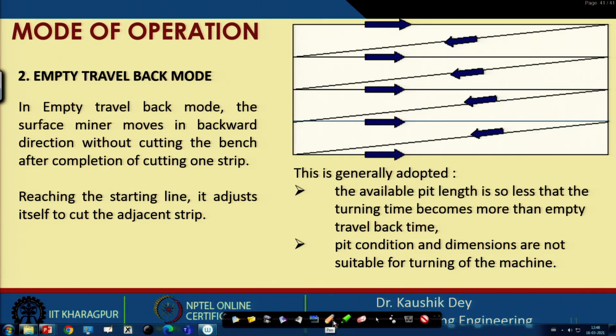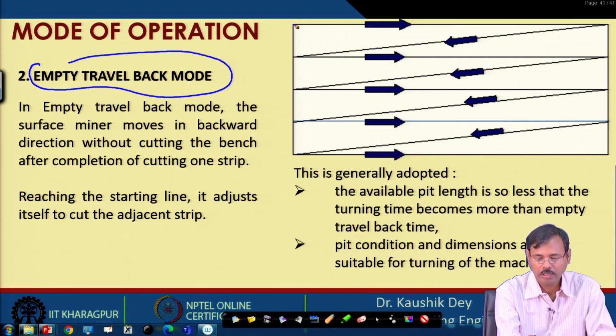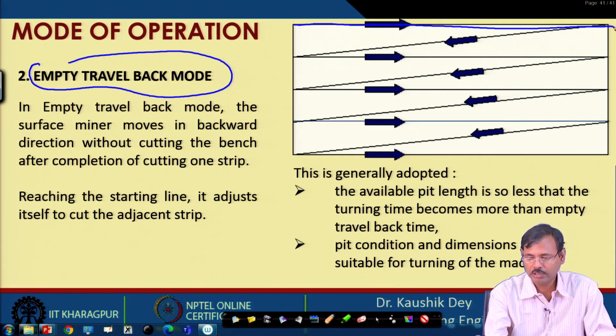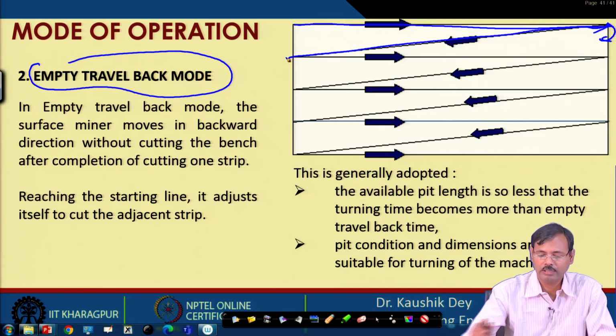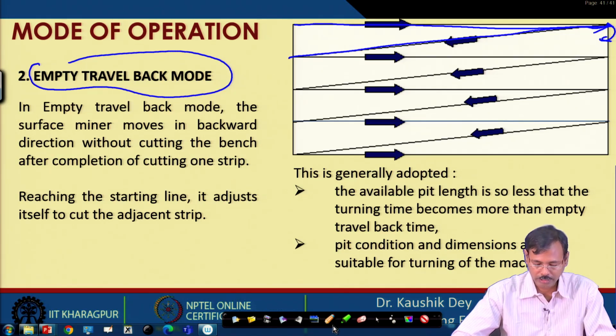Now, the second one is the empty travel back mode. In empty travel back mode, we allow the surface miner to cut like this. Then the surface miner, instead of turning at this position, is allowed to return back in back gear without cutting up to the initial point, and then it takes the second part.